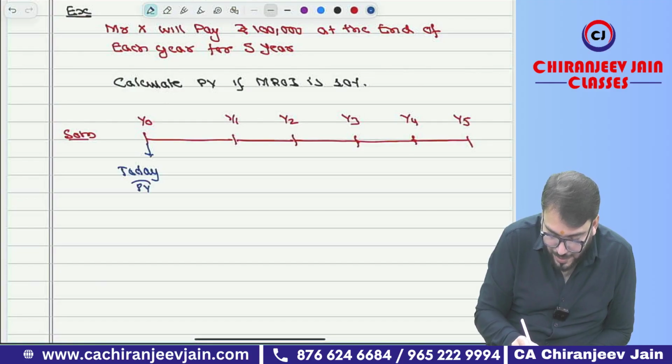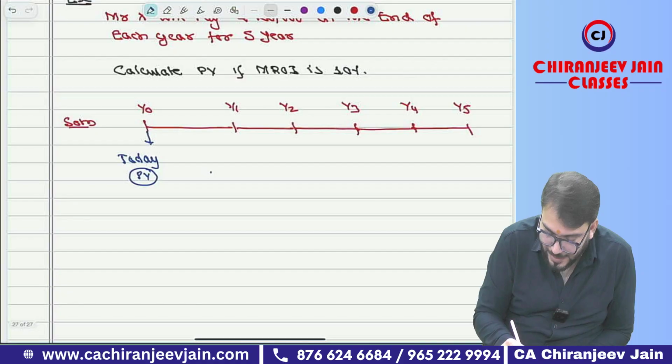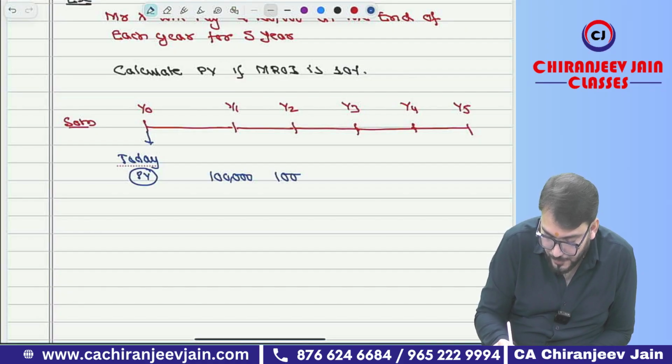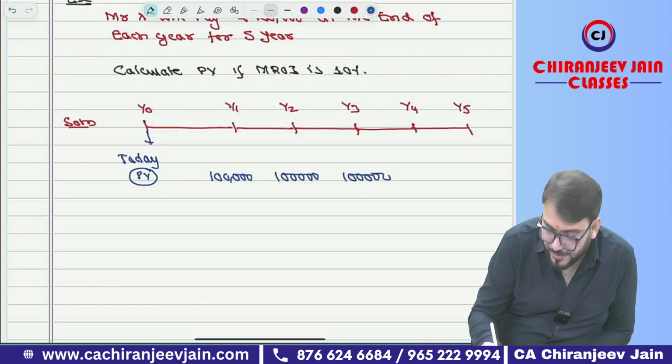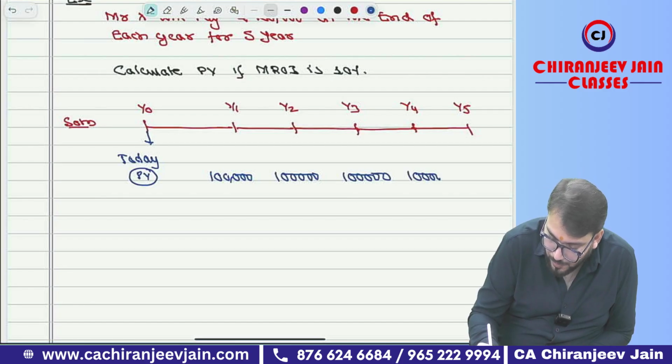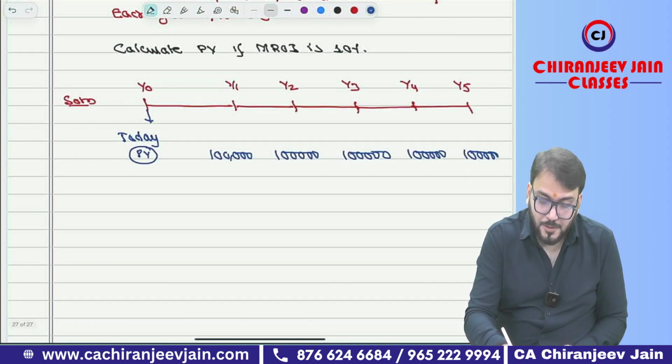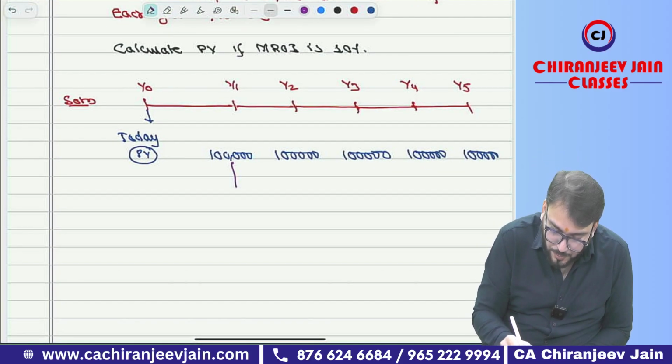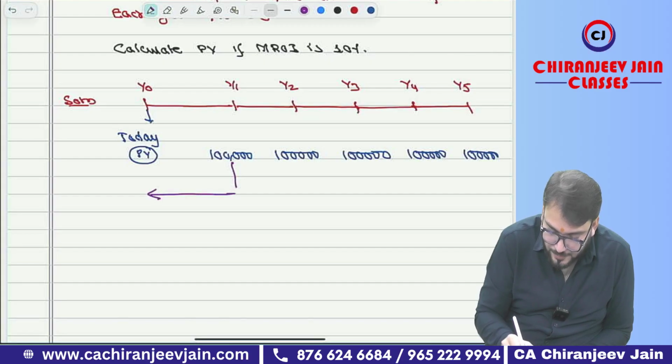We want present value as on this date. And every year, what is the payment? 1 lakh, 1 lakh, 1 lakh, 1 lakh, 1 lakh. Means this will discount for how many years?